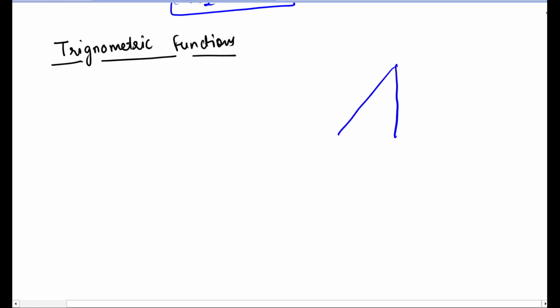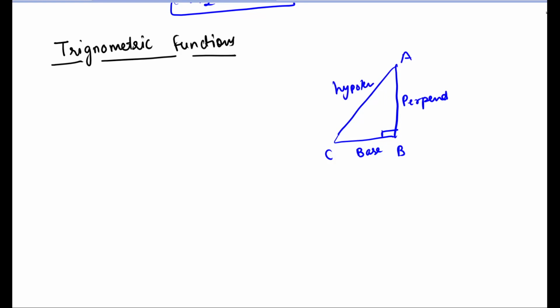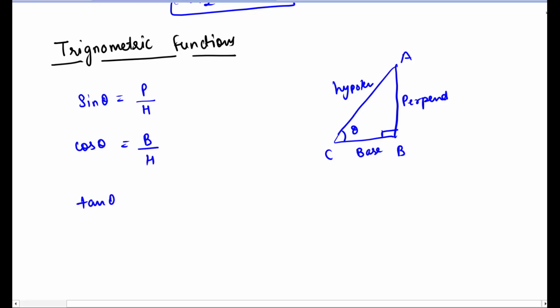So this is a right angle triangle ABC, where BC is the base, this is the perpendicular, and this is the hypotenuse. This angle C is theta. From trigonometric ratios, sine theta is perpendicular upon hypotenuse, cos theta is equal to base upon hypotenuse, and tan theta is equal to perpendicular upon base.